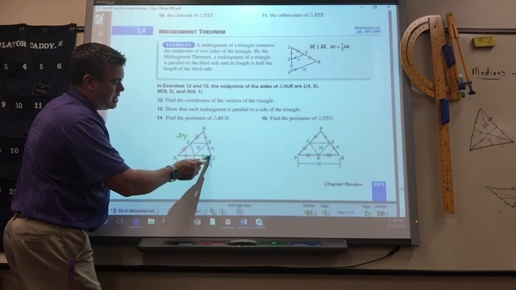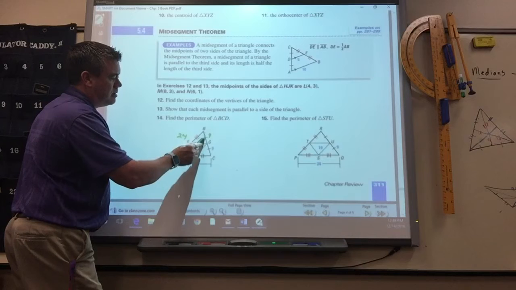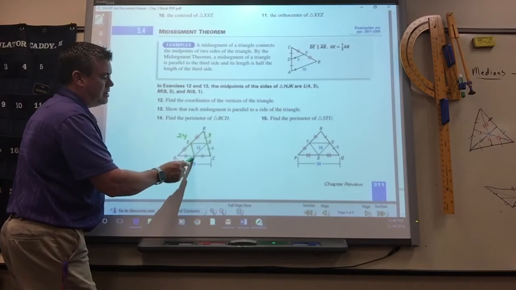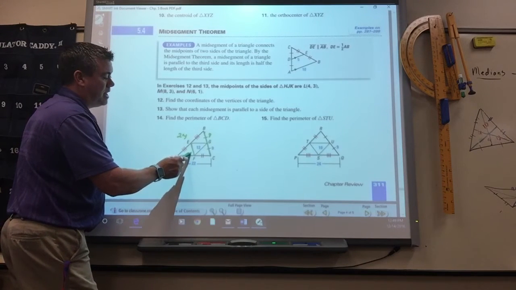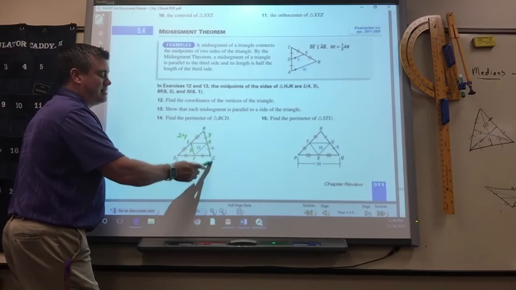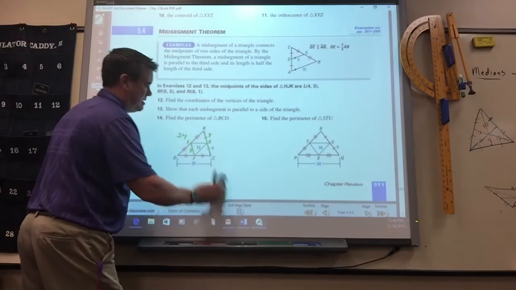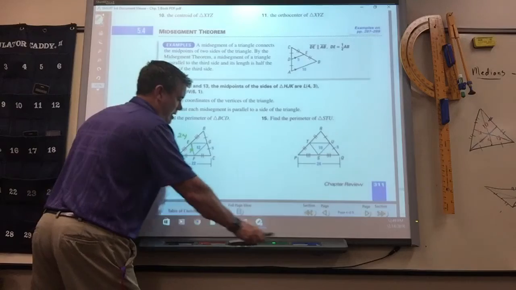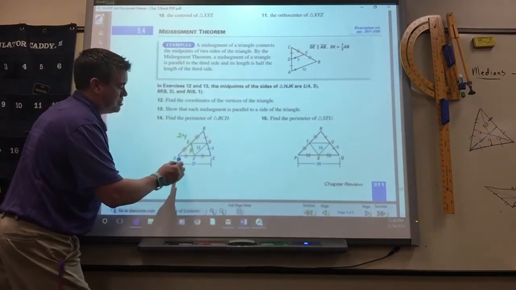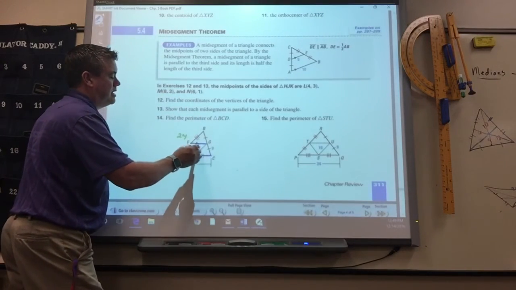If this is 9, which means this is 9, so this side would be 9, because the whole thing's 18. And then, if this is 22, this is 11.